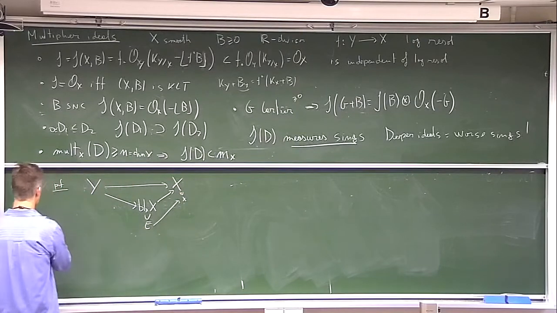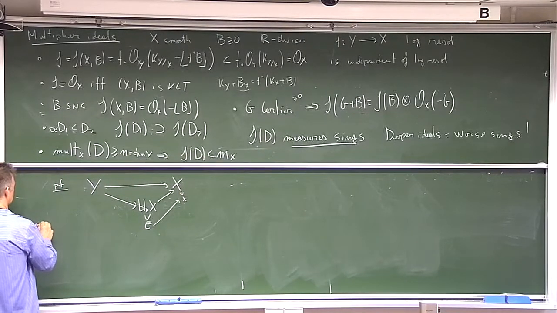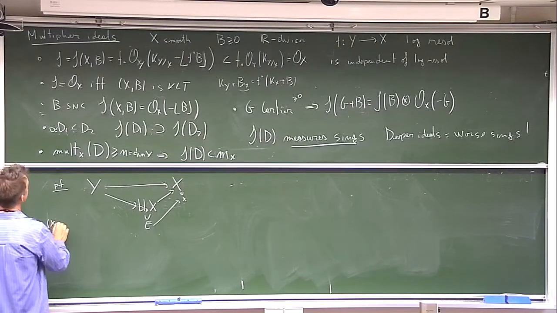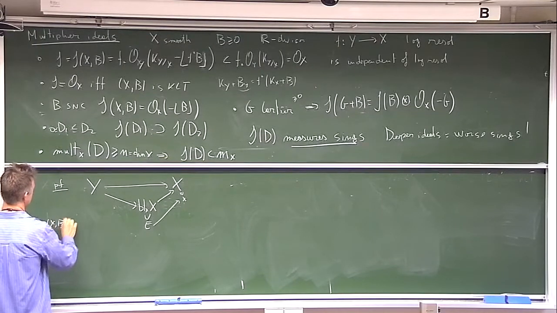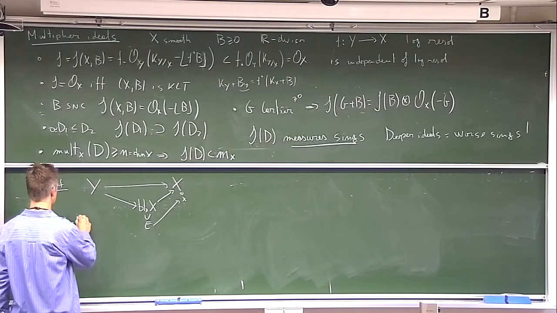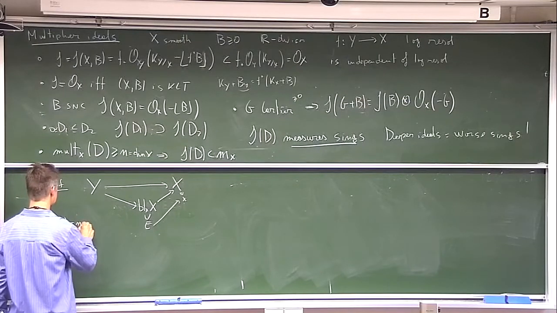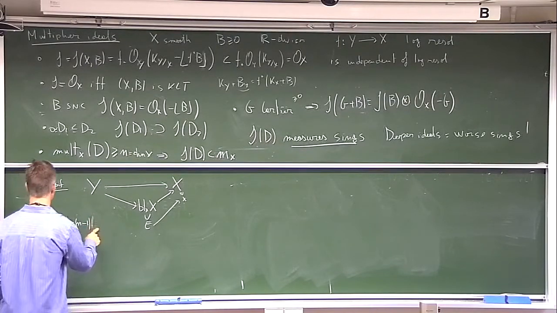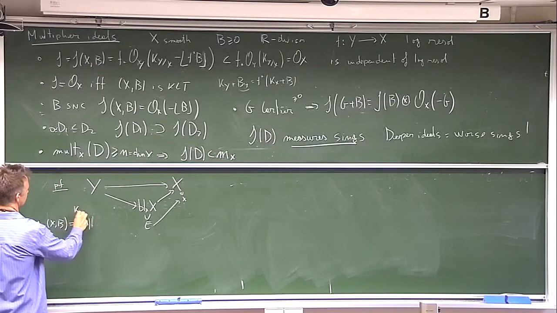Now, the coefficient, let's compute a along E of X, B. Well, we get a contribution from the relative canonical divisor, which is of codimension 1, so you get n minus 1 copies. The multiplicity will be n minus 1. This is coming from the relative canonical divisor.